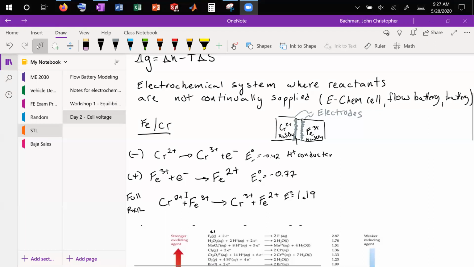The way you can also think about this is that in this case, this reaction right here very much wants to go to the right. So let's say if you had this chromium 2+, I'm going to write them both as reduction reactions. So you have chromium 3+ plus an electron going to chromium 2+.